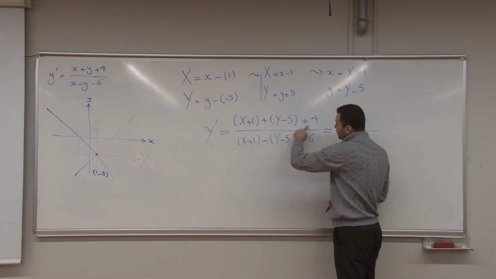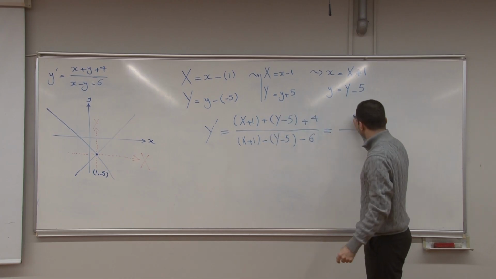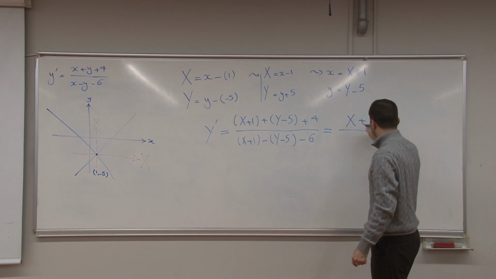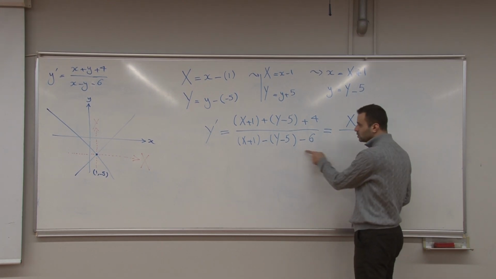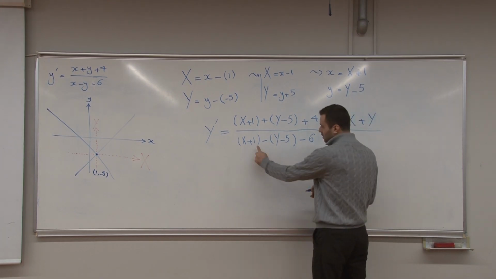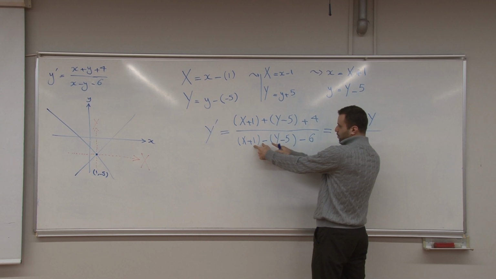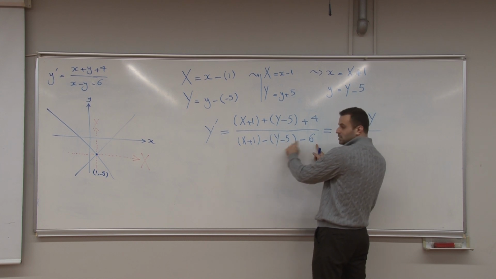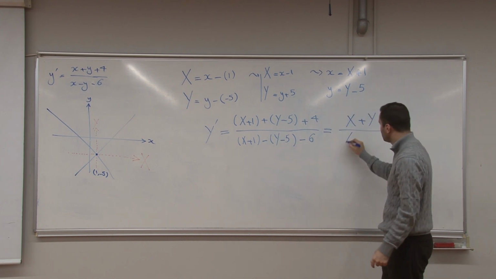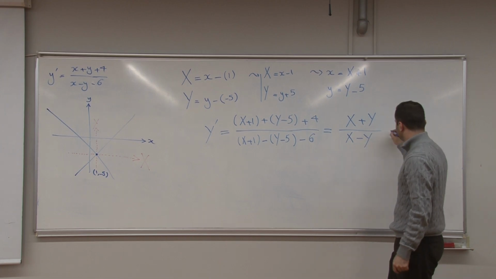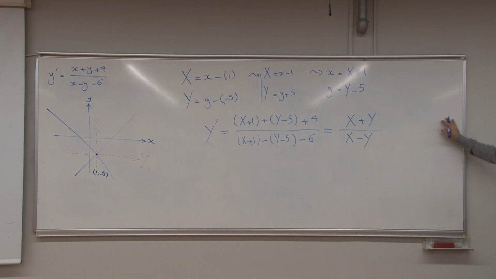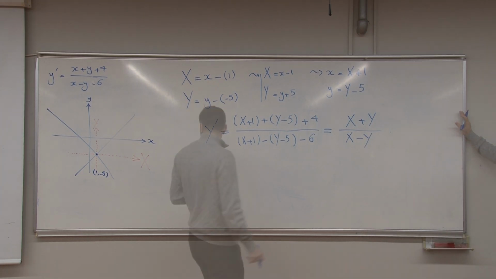So you look at them, they're going to cancel each other out, right? So this is going to be x plus y. What about this one? Again, this is 1 plus 5, which is 6, minus 6, 0. So we have again x minus y. Now look at this. What do we have?